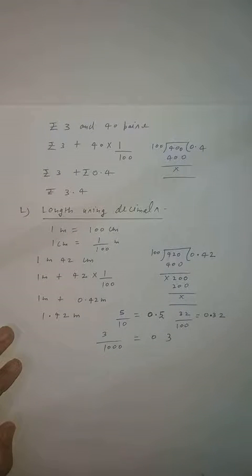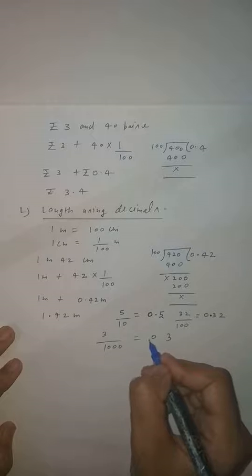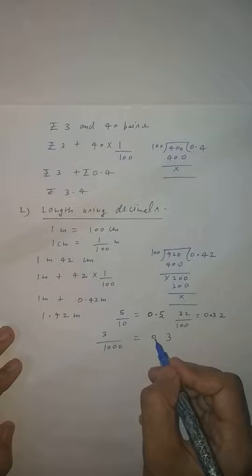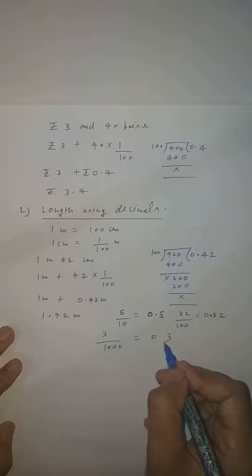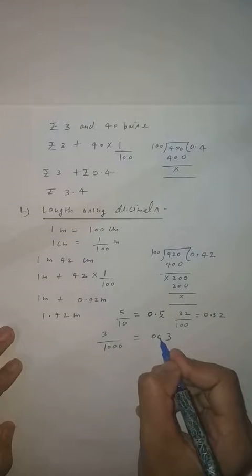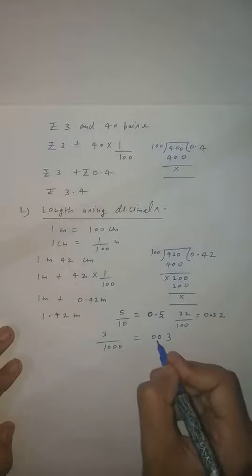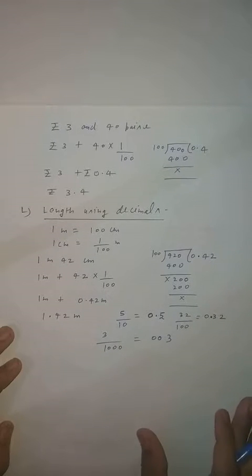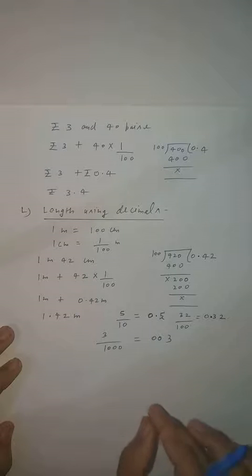So what you will do, student, first you have to make 3 digits. Here 1 digit is given, and here also 1 digit, so 1 and 1 become 2 digits, so also put another 0. Okay? So this will become 3 digits. You know that if 30 is given, it means you have to mark the decimal so that after the decimal there are 3 digits.